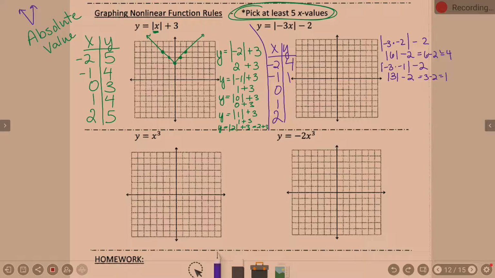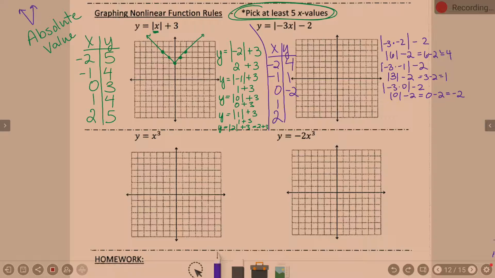Put in 0. Start inside the bars again. -3 times 0. Anything times 0 is 0. What's the absolute value of 0? 0. 0 minus 2? 0 take away 2 is -2.